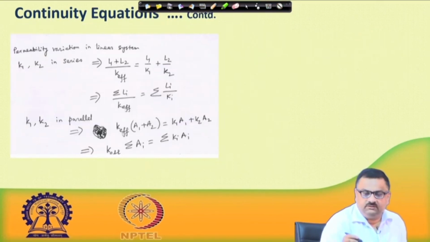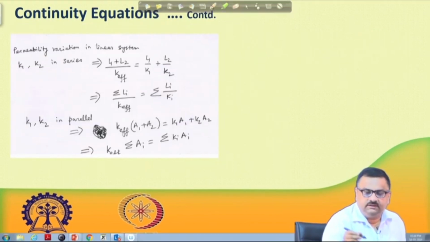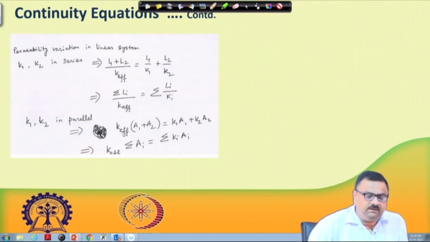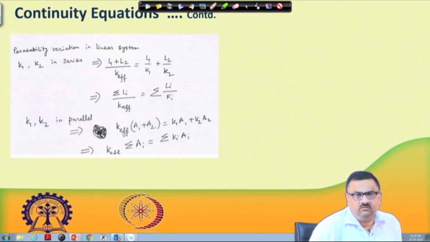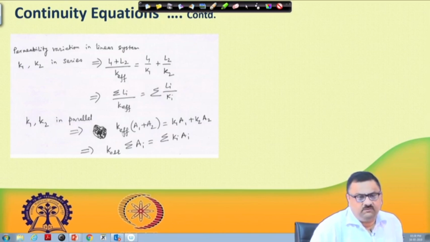Now, let us look at the situation where you have a permeability variation in a linear system, because we have been talking about cylindrical coordinates. Of course, cylindrical coordinates are more important when somebody is working with a reservoir or with an electrode where some fluid is injected or collected.